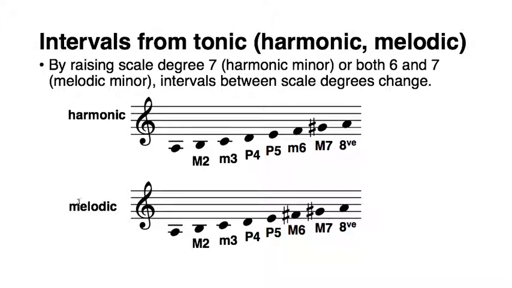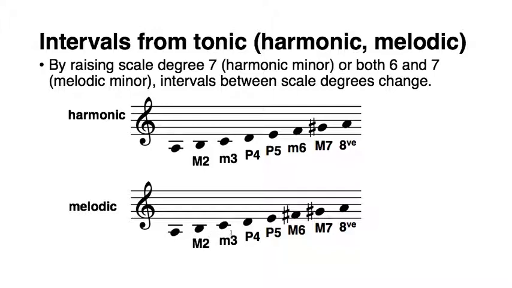And in the melodic minor scale, also called the ascending melodic minor scale, because it was often used in ascending gestures, right? If it came down, it typically wouldn't have raised scale degrees 6 and 7, but because it does when it goes up, the melodic minor scale then changes the intervals even a little bit more.